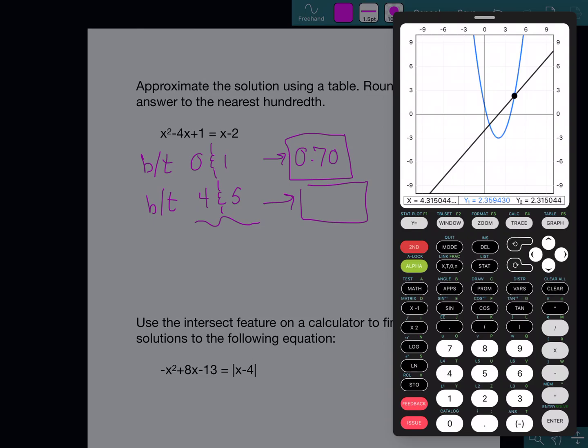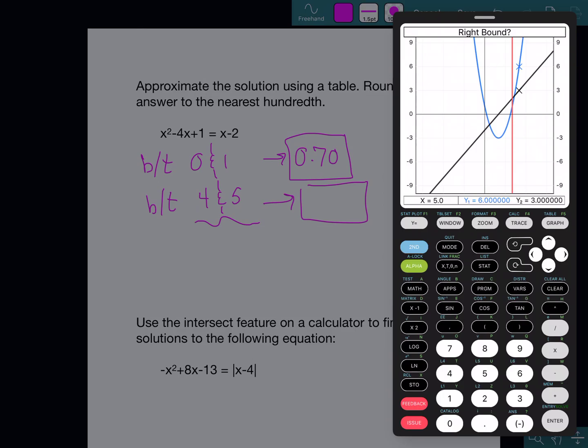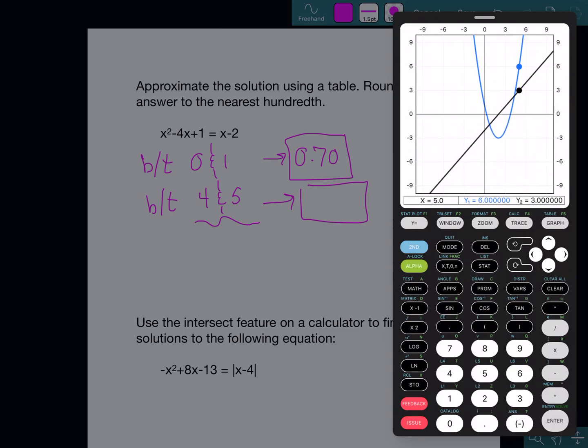So my left bound, I'm going to go to the left, enter. I'm going to go to the right of the intersection, hit enter, and it should tell me, there we go, intersection, x equals 4.302. So I can see that my second solution is 4.3.